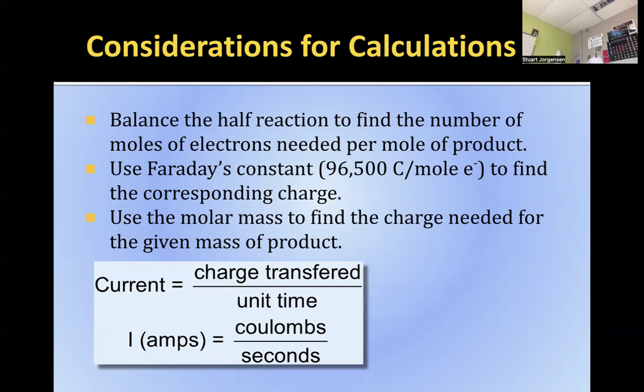You get variable power supplies that can control the amount of amps going into the solution. It is just a measure of how much charge is going into the solution per second. That is how we define an amperage. Amperes are just charge, which is coulombs, per second.